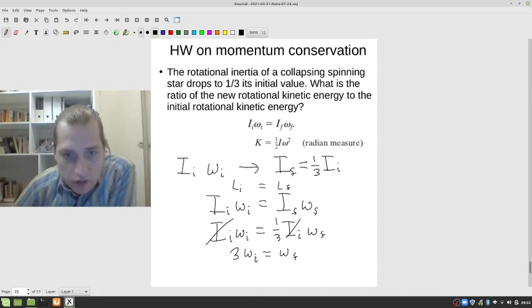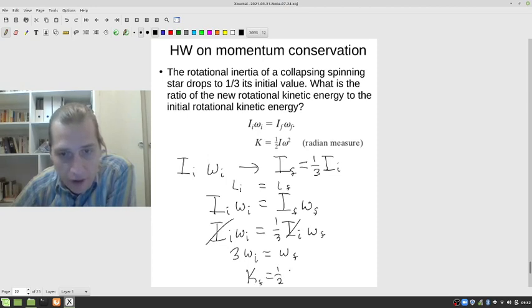And so it asks us what is the ratio of the new kinetic energy to the initial kinetic energy. Well, my kinetic energy final is going to be 1/2 I final omega final squared. I final is 1/3 I initial, and omega final is going to be 3 omega initial, squared.